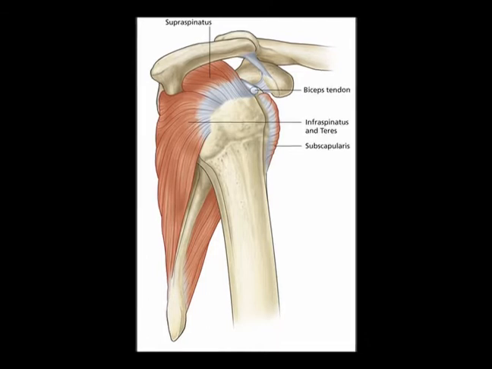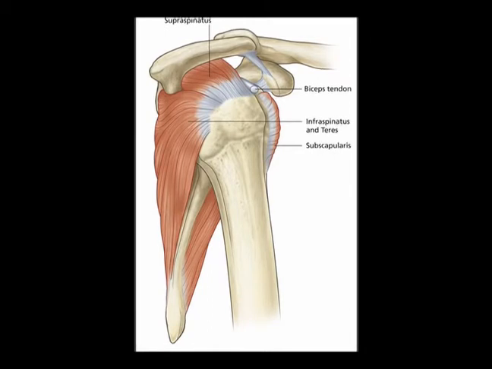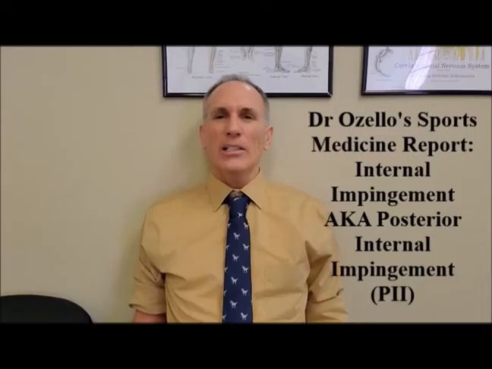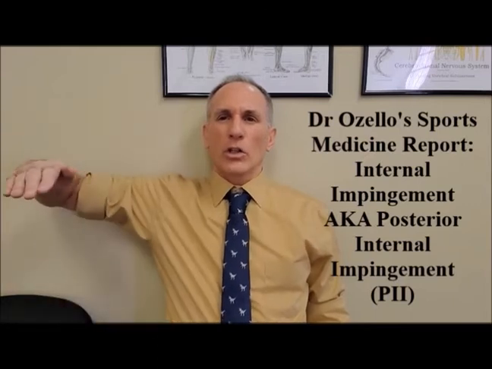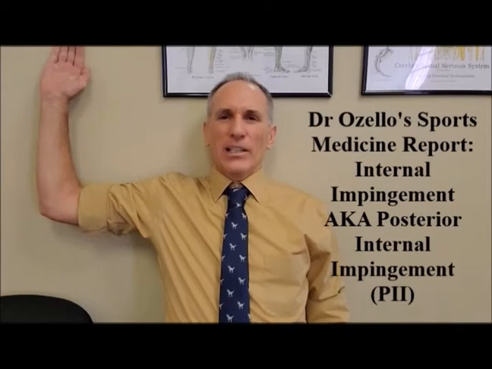And so what happens is the humeral head becomes posterior. It is what's called hyperangulation, where really the whole shaft of the humerus is posterior to the body of the scapula. And this pain and symptoms usually occurs when the shoulder is in what is called abduction and external rotation at the 90-90 point. 90 degrees of abduction and 90 degrees of external rotation.